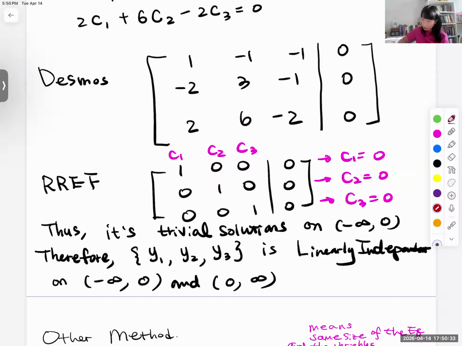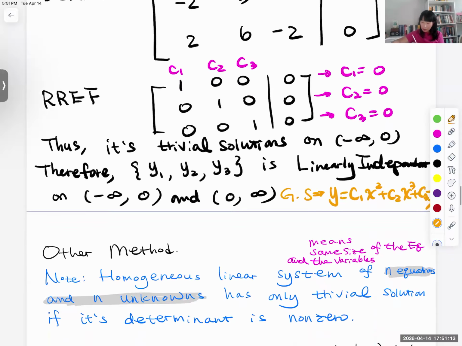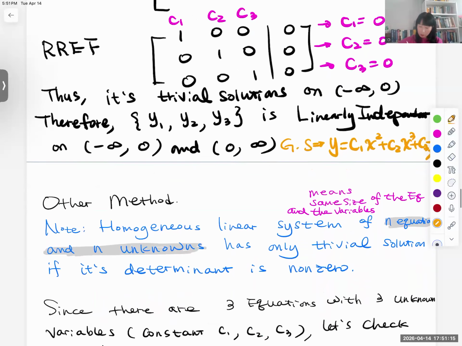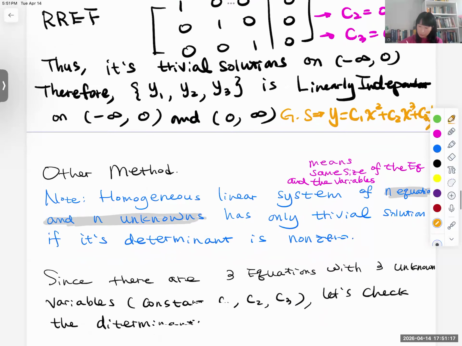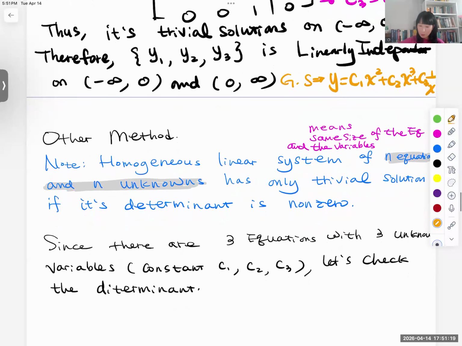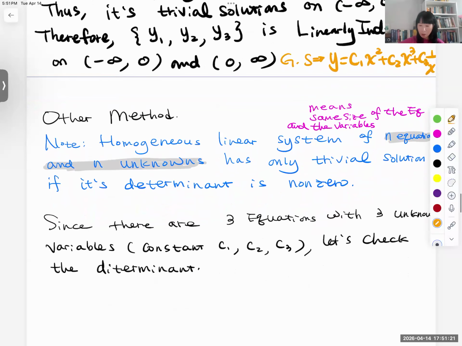Now, we have another method. This is from the linear algebra course: a homogeneous linear system of n equations and n unknowns has only the trivial solution if its determinant is non-zero. Yeah. Okay, so I highlighted n equations with n unknowns.